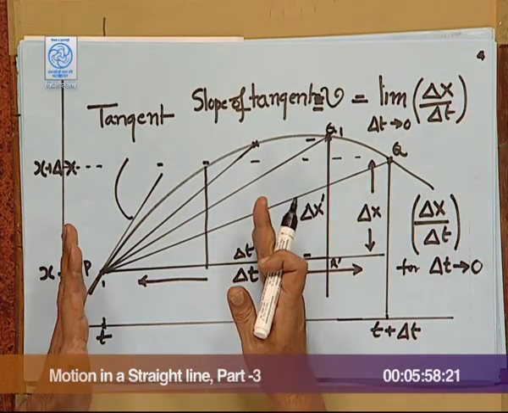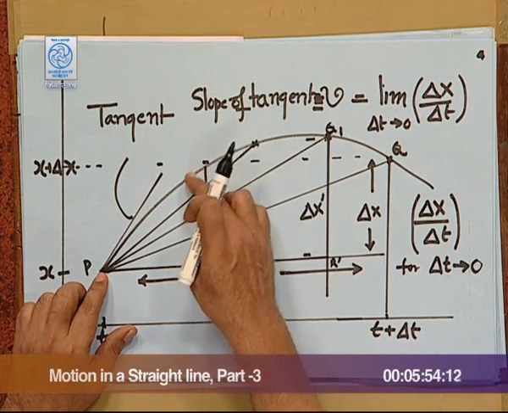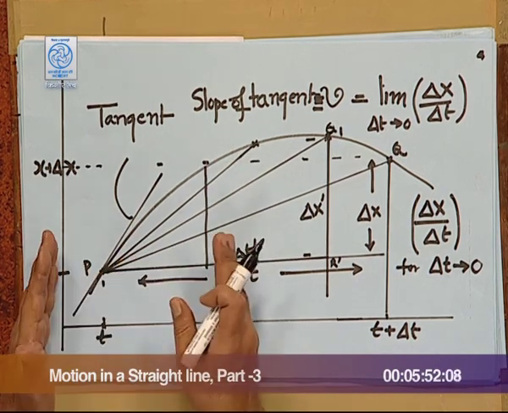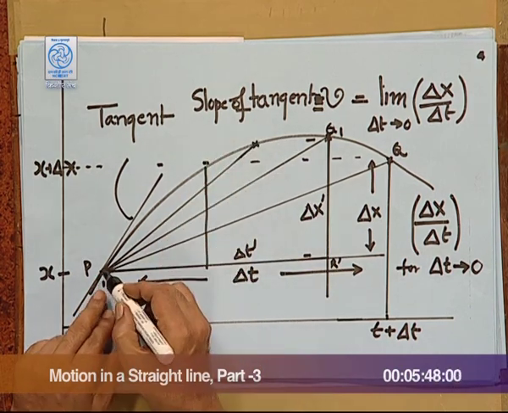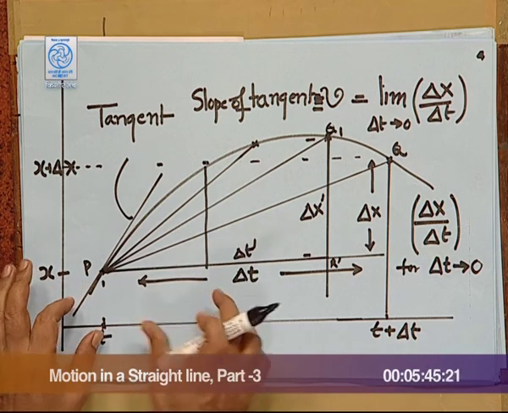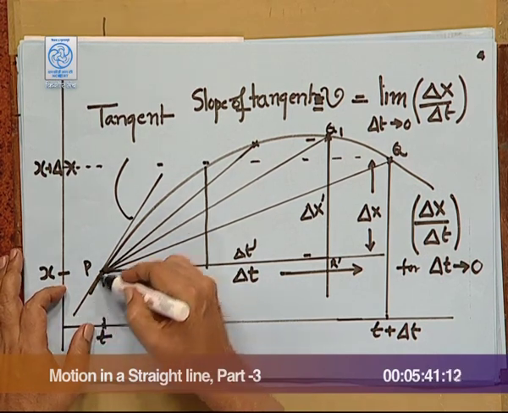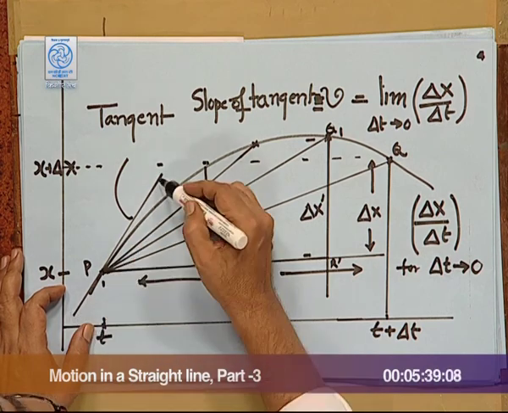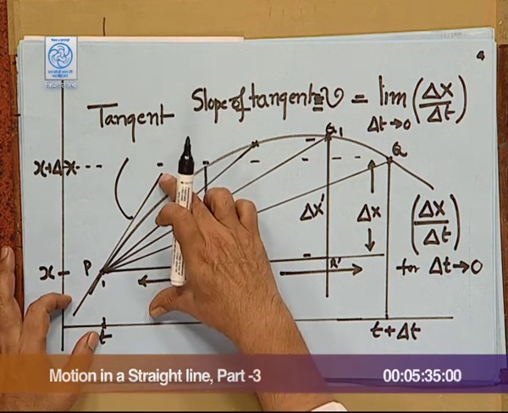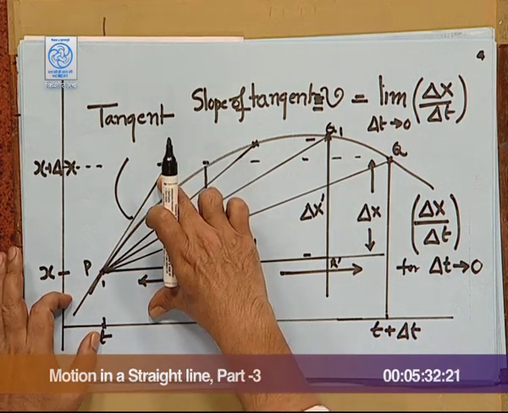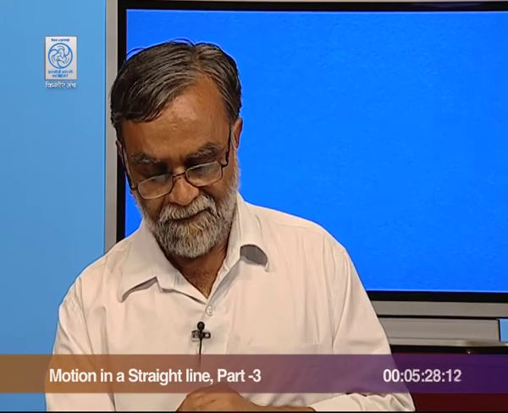You reduce this time gap smaller and smaller and make it almost 0, then the slope of this line keeps changing, and at point P when you make delta t tend to 0, you draw a line which is called the tangent line at the point P, and the slope of this line is called the instantaneous velocity.